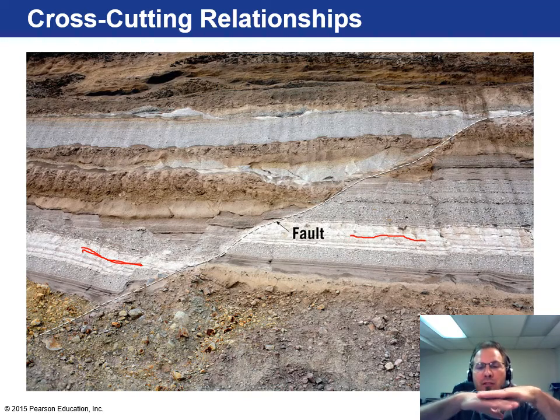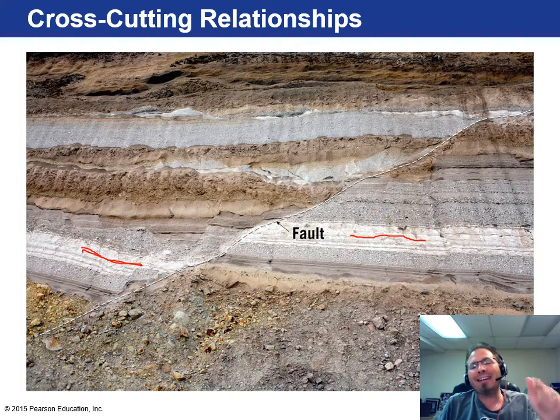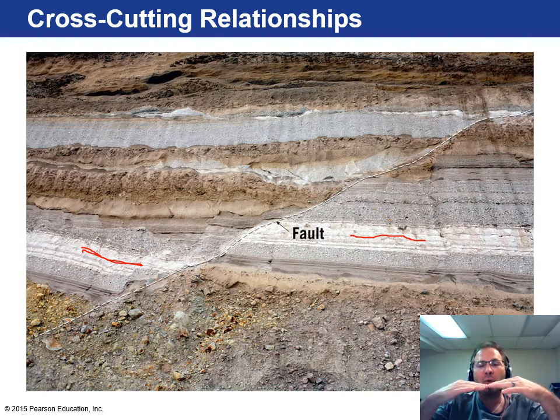They form in horizontal layers. So that fault has to be younger than the rocks that it cuts through, because you couldn't have a fault cut through something that doesn't exist. So at one time they were like this, and now they're like this. They're offset. So that's the law of cross-cutting relationships.